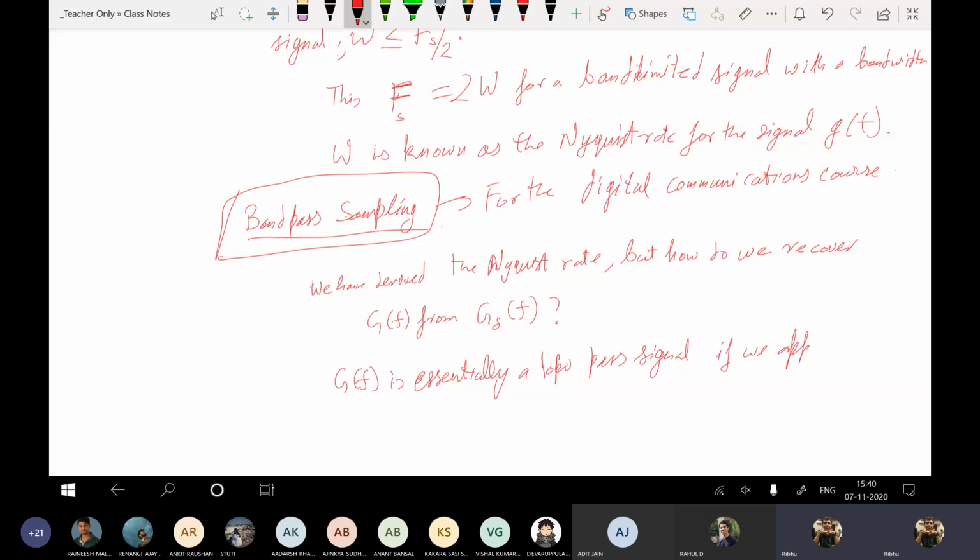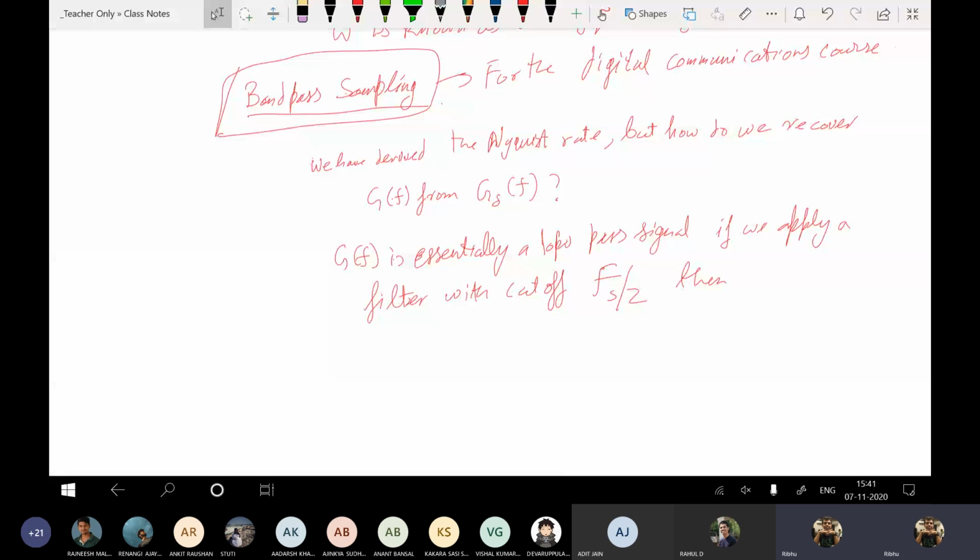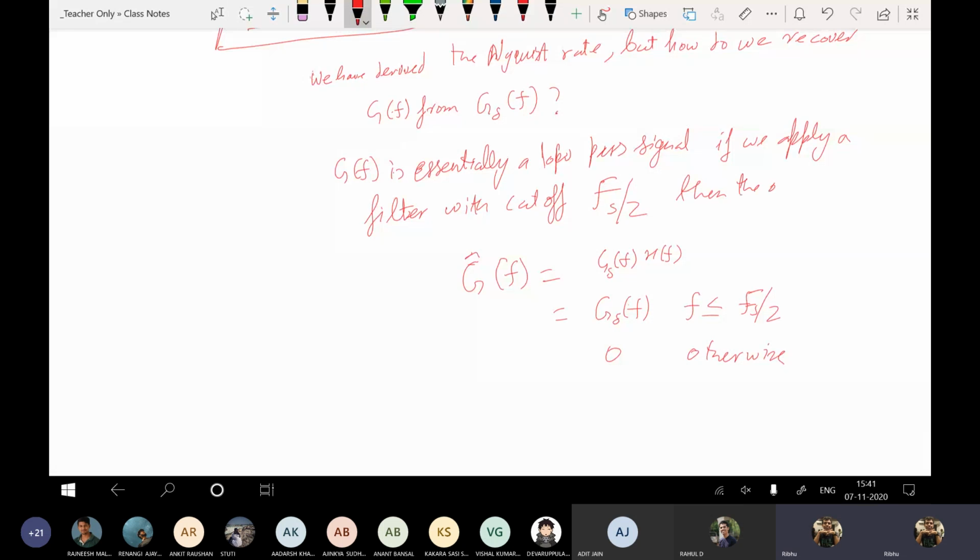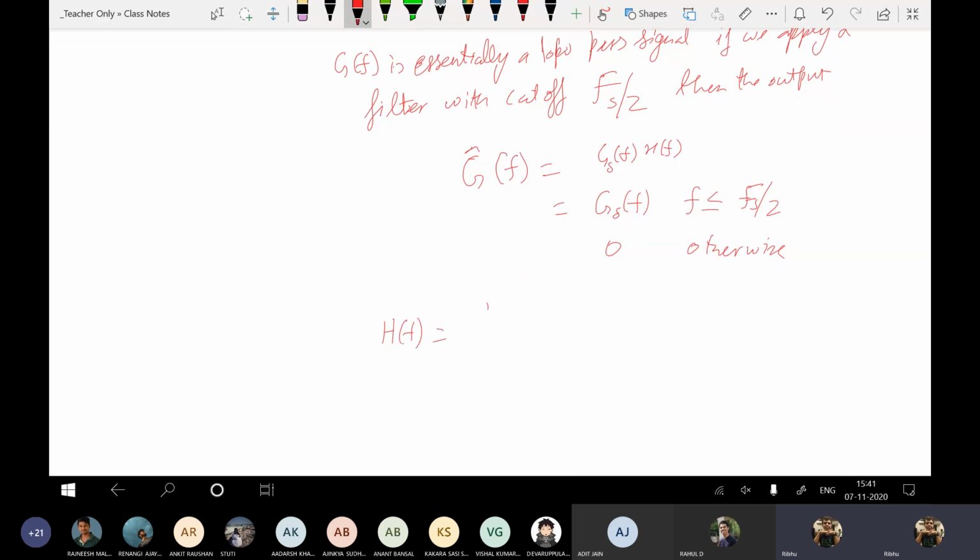If we apply a filter with cutoff Fs by 2, then G tilde(f) equals G delta(f) H(f), and H(f) equals the ideal filter.